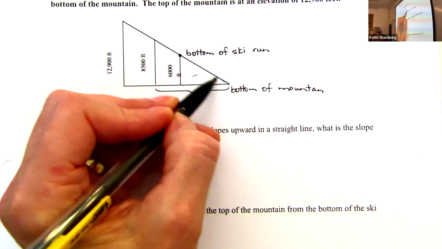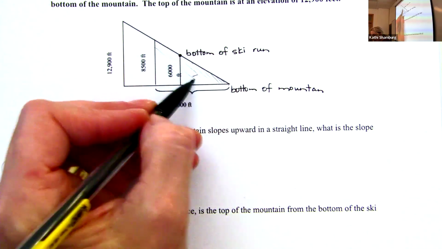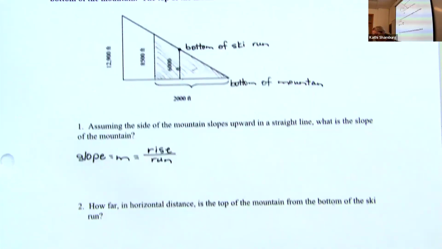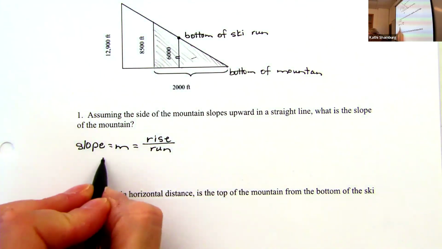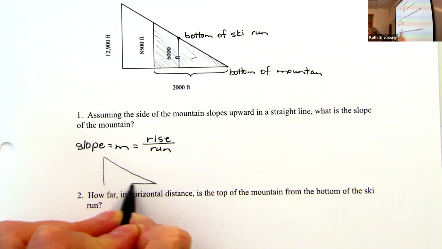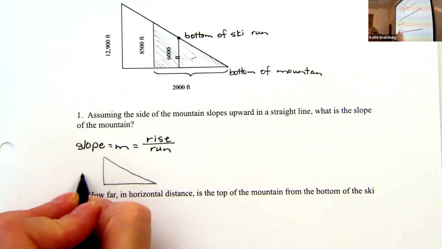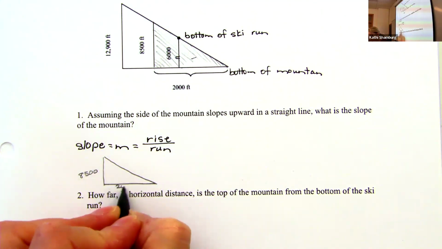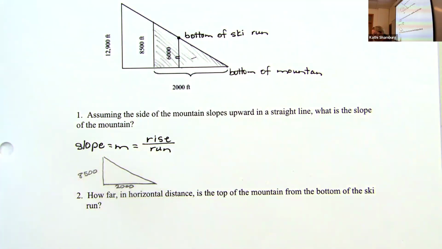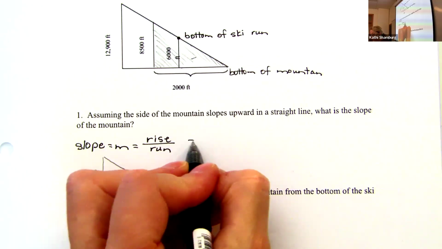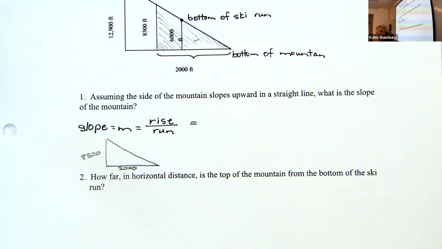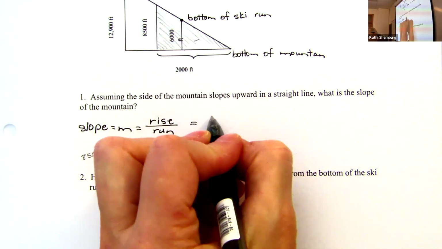So it's right here. Okay, so I'm going to recreate that triangle, and I'll do it in pencil since I did it in pencil up there. My numbers aren't going to look like my picture, but we know this is 8,500 and this is 2,000. So rise is up and down. Which one's your rise? 8,500.